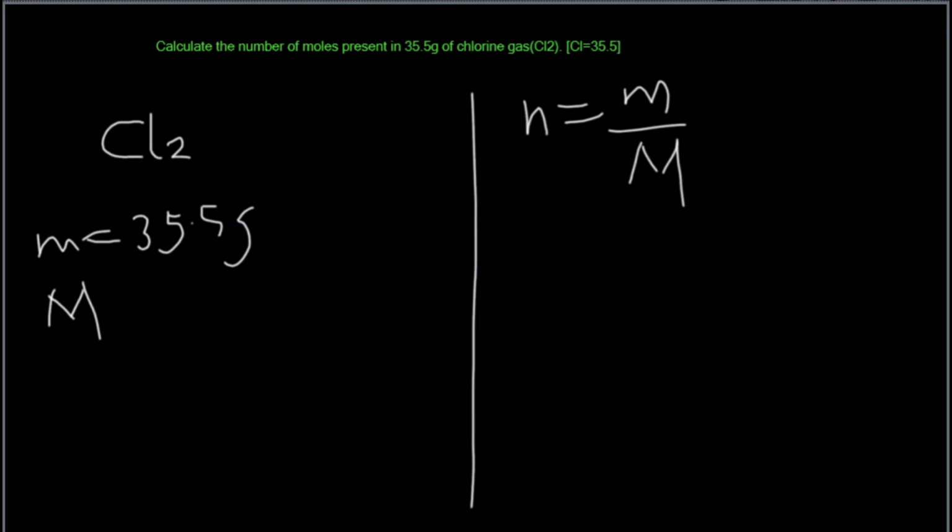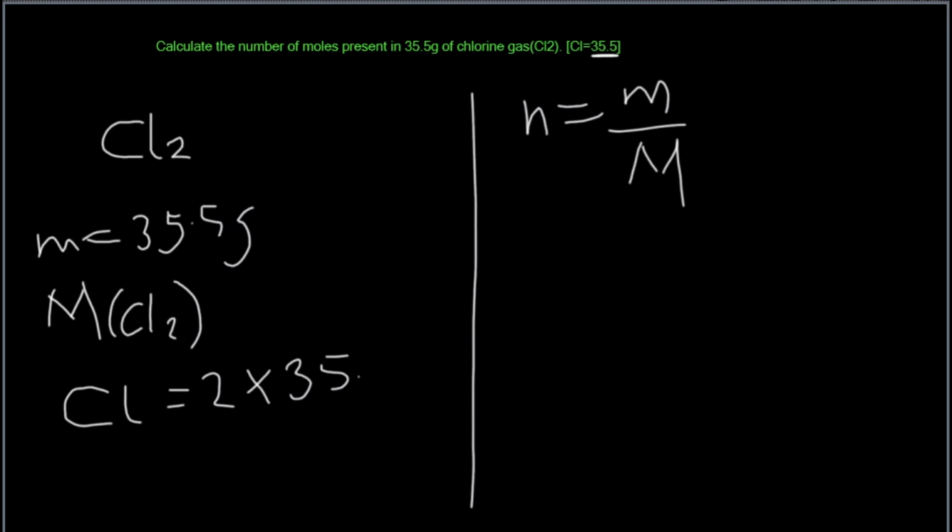For the molar mass of Cl2, Cl2 means two Cls, so we have Cl equal to 2, then you multiply it by the relative atomic mass, which is 35.5.